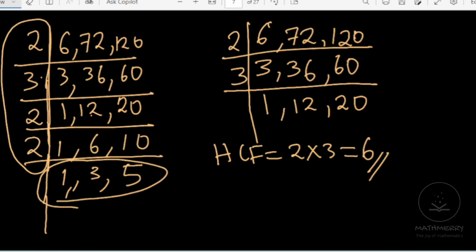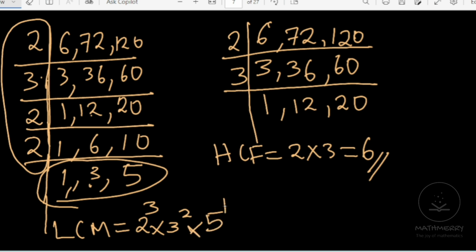So the LCM will be equal to 2 into, how many 2's are there? 1, 2, 3. So 2 to the power of 3 into 3, how many 3's are there? 1 here and 1 here. So 3 to the power of 2 into 5. 5 is only one time here, so 5 to the power of 1.